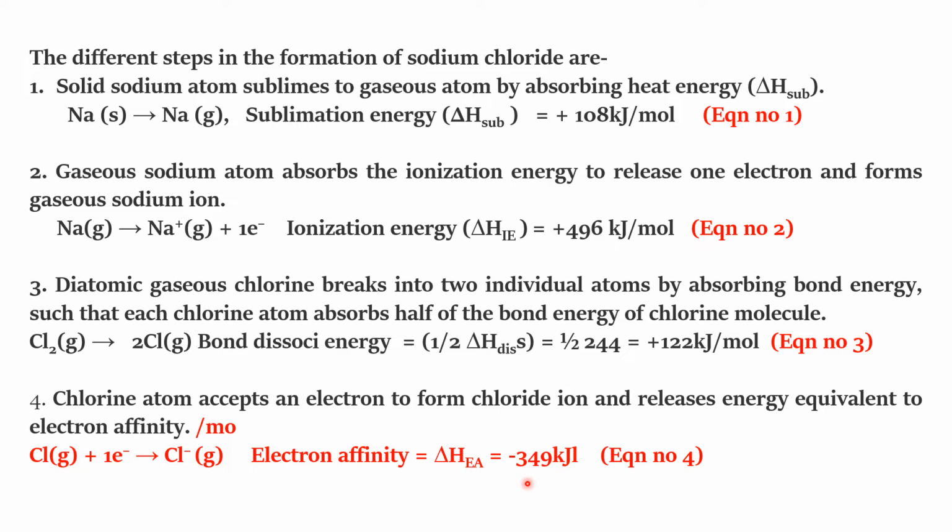Why is it negative? Because energy is released during that particular process. So this is step 4 or equation number 4. So we have converted sodium to Na plus, chlorine to Cl minus ion through these 4 steps.